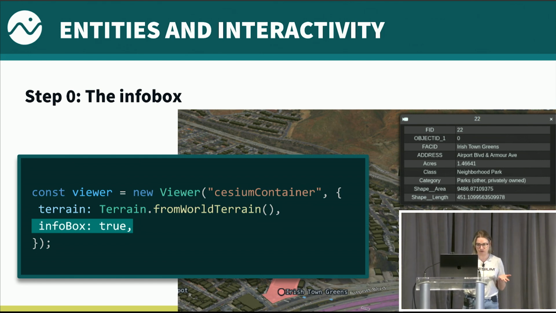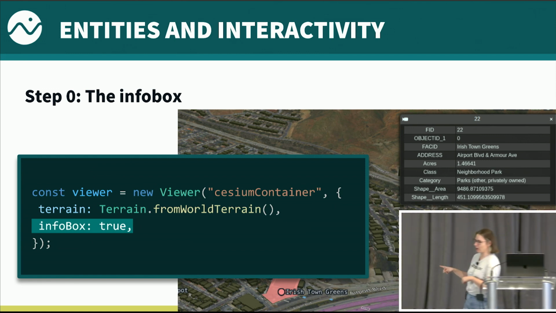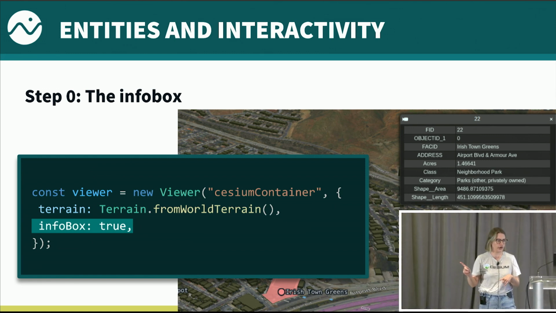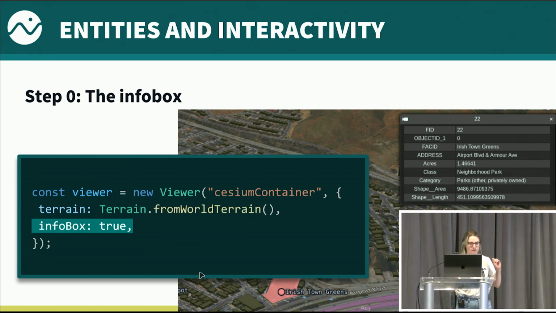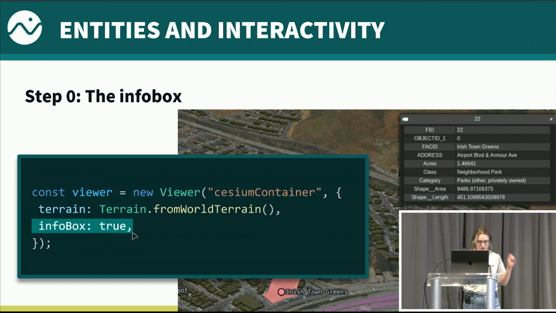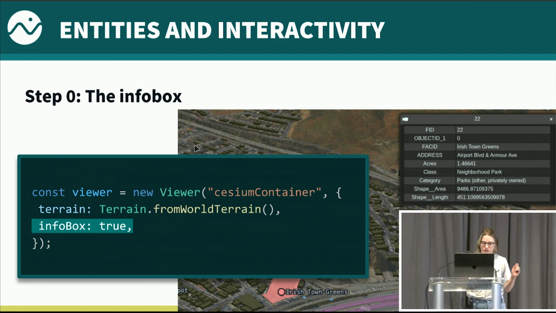So, to start off, let's actually jump back to the first part of the app where we created the viewer. And I know somebody earlier asked me about the info box true and whether that mattered or not. Let's add that to our first statement for now, and I'm going to explain a little bit about what it does.